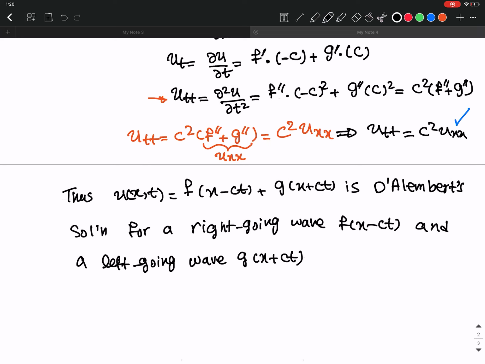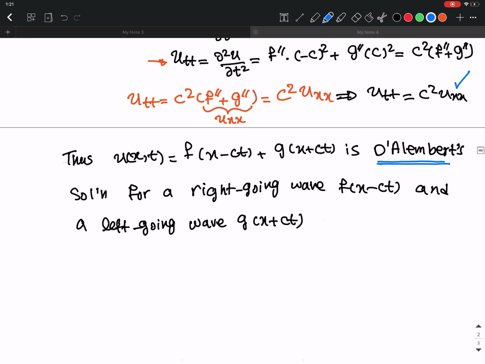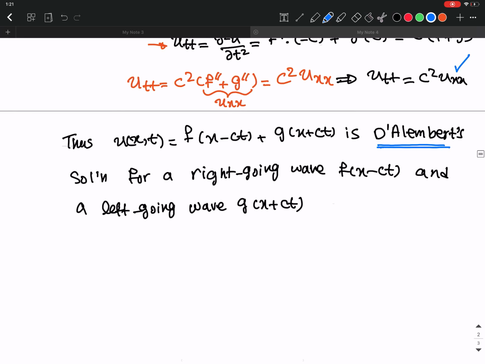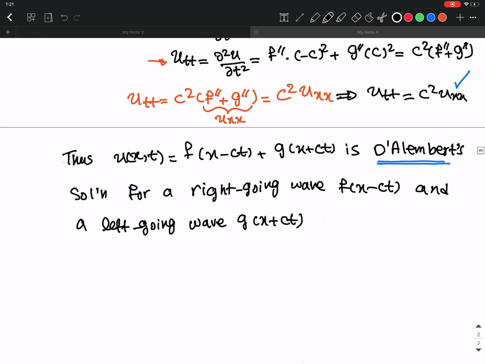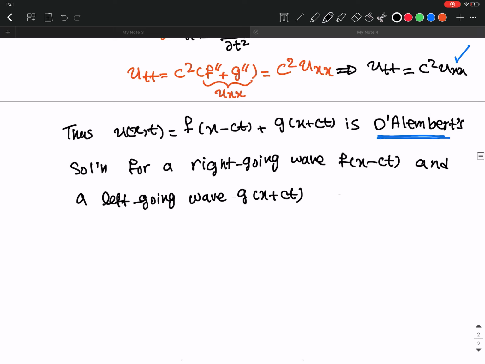So one of these is going to the left and one is going to the right, and I'm going to show it, but just note this is the D'Alembert solution for a right going wave and a left going wave, and the general solution for this PDE, which is the second traveling wave equation.